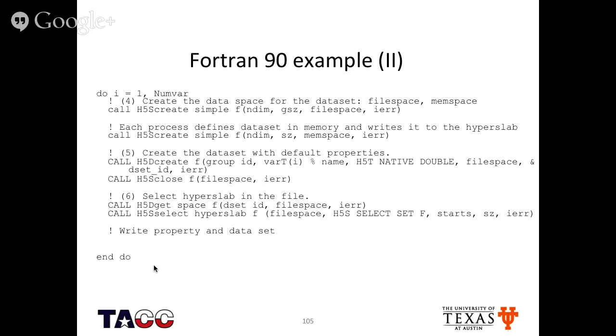So here's how you describe the hyperslab to HDF5. You're going to create this file space, and then you're going to create this mem space. So this is the global size, the local size, and you can see the number of dimensions is going to be 3. The global size is there, and it's going to create this file space thing.